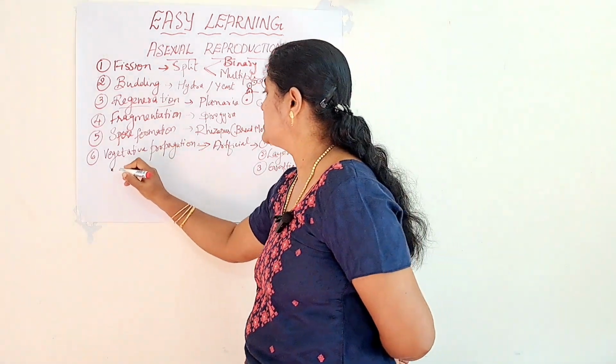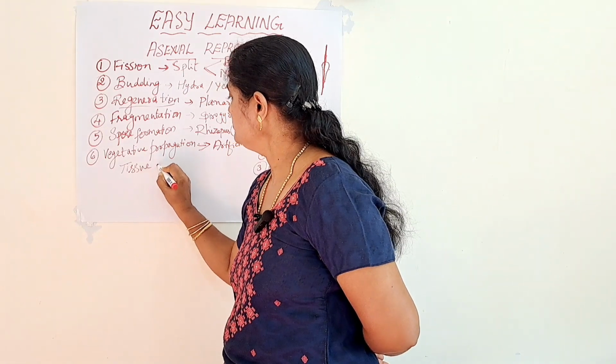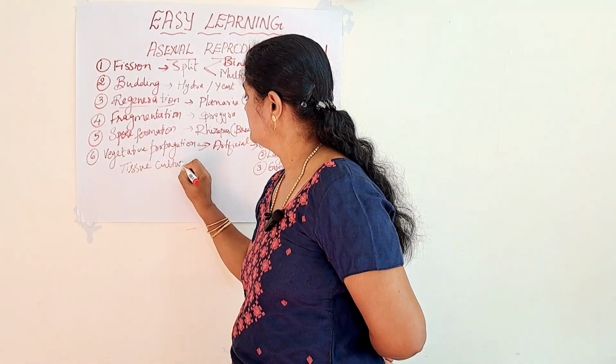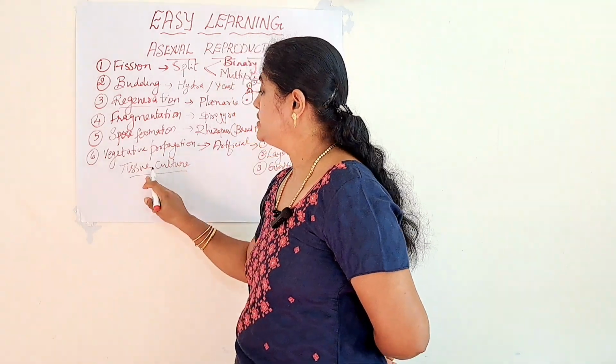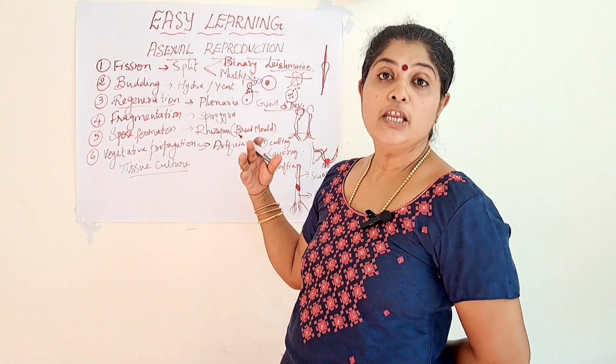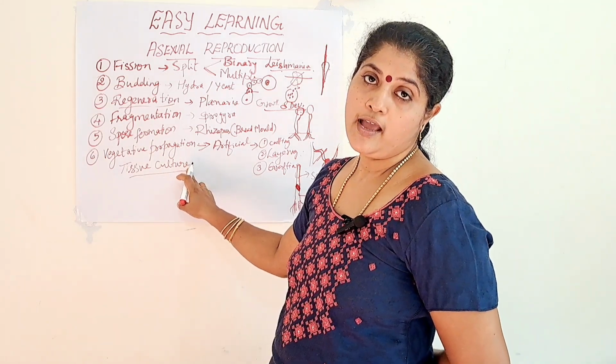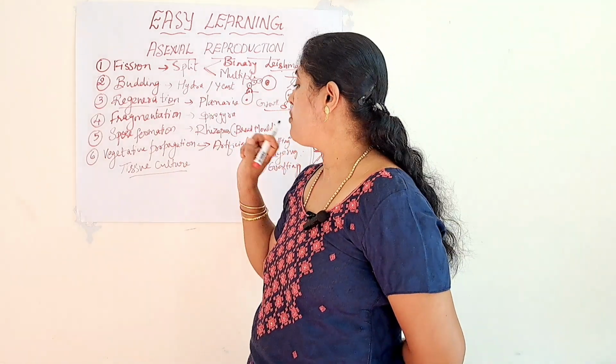The next topic which comes under vegetative propagation is tissue culture. Tissue culture means it is a method by which we are getting many new plants from a group of cells.